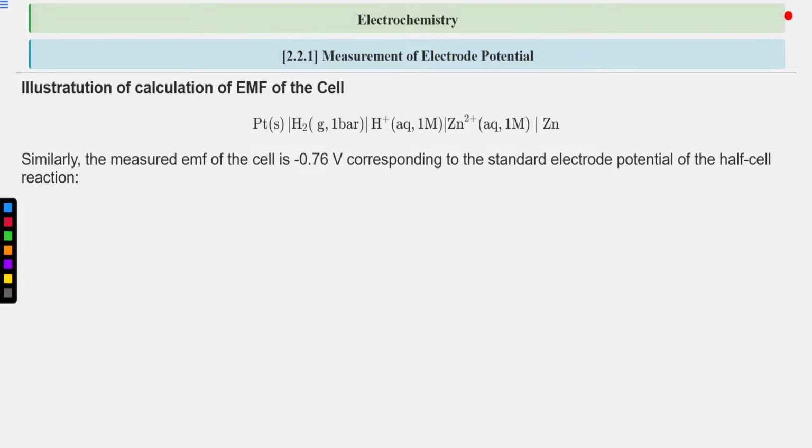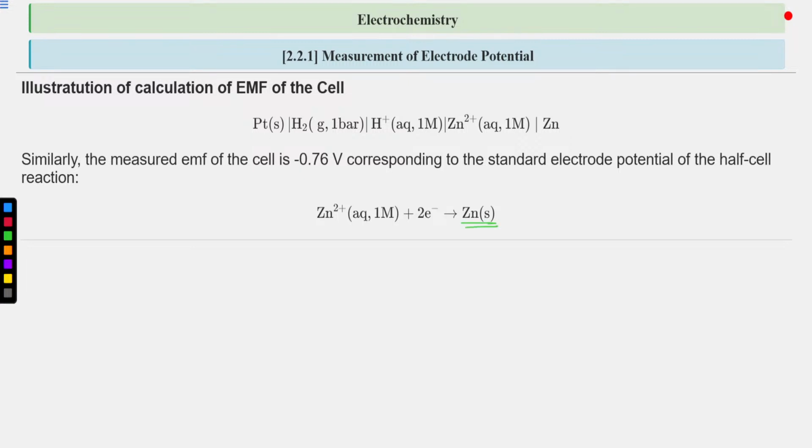Now, similarly, the measured EMF of this cell is minus 0.76 volt. Now, you can observe that when we took the copper case, the EMF value is positive, and when we take zinc as the right half cell, the measured EMF becomes negative. So this corresponds to the standard electrode potential of the half cell reaction, Zn2+ plus 2 electrons, giving us zinc.